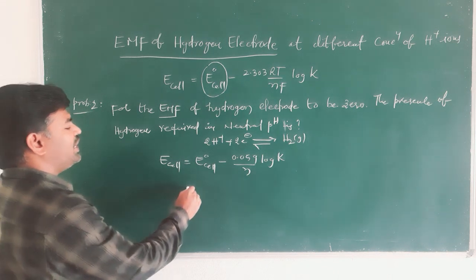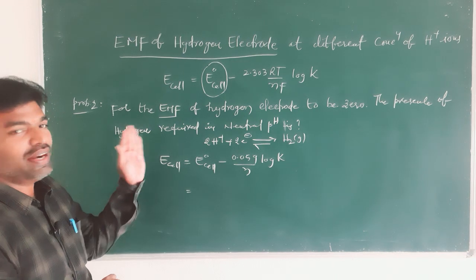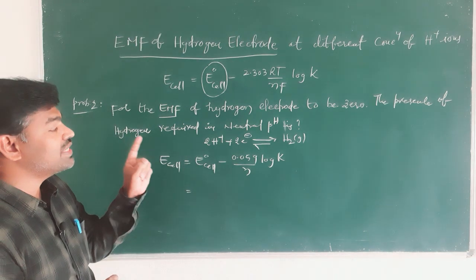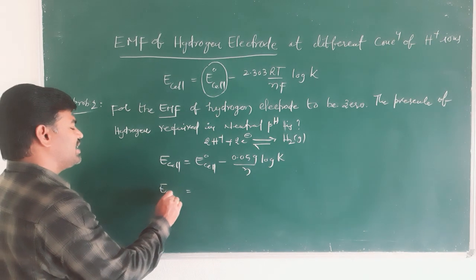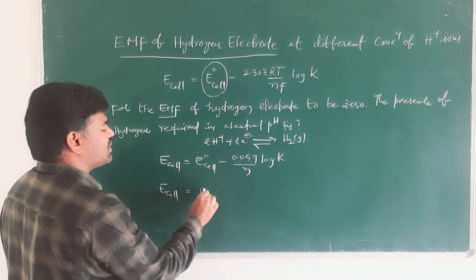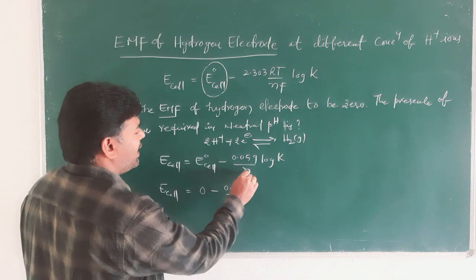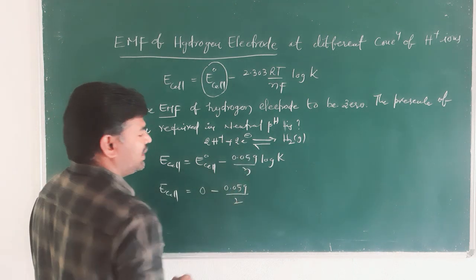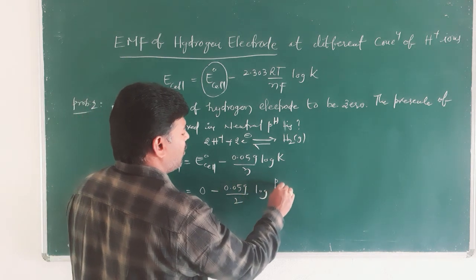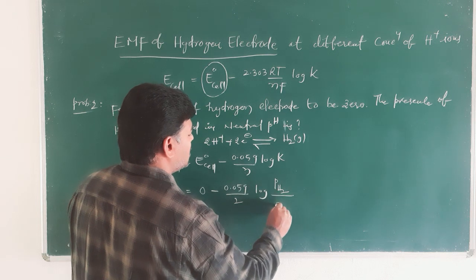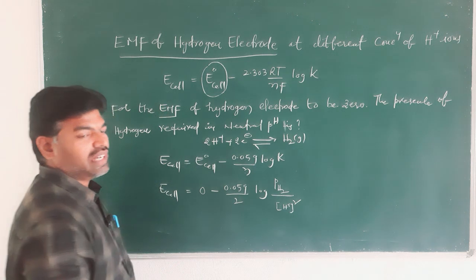right. In the determination of EMF of the hydrogen electrode, we always take E naught cell as 0. So, E cell is equal to E naught cell 0 minus 0.059 by 2, where n is the number of electrons transferred, that is 2, log K, where K is the partial pressure of H2 by the concentration of H plus squared.